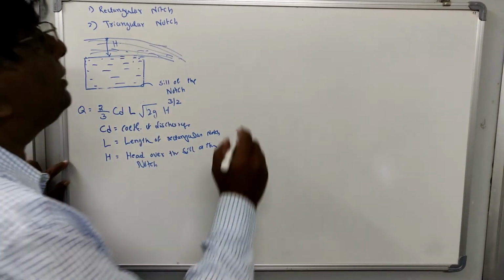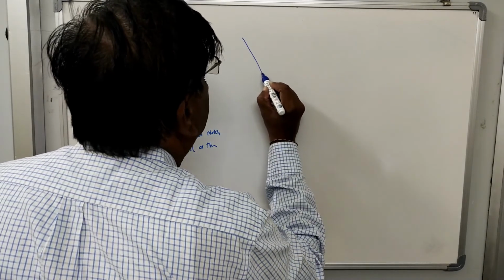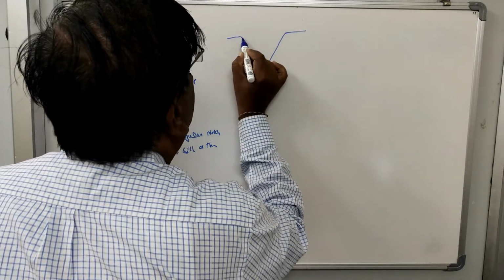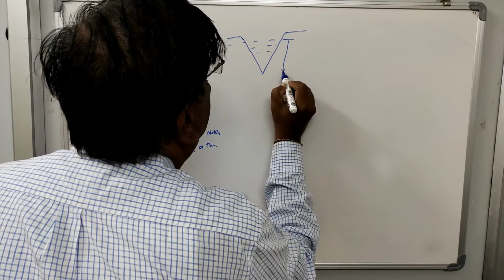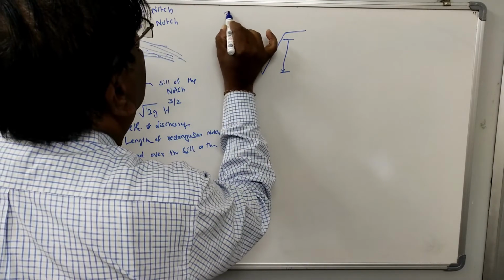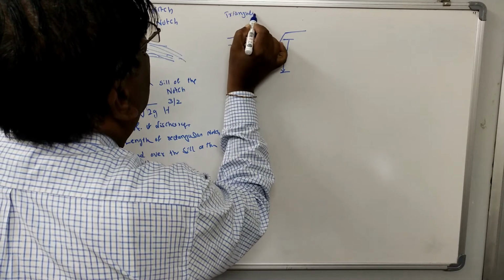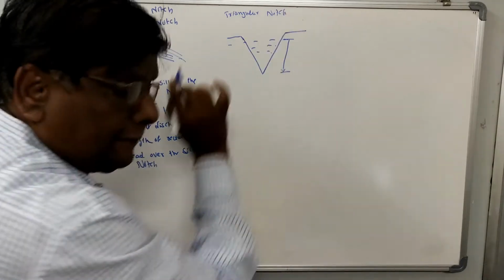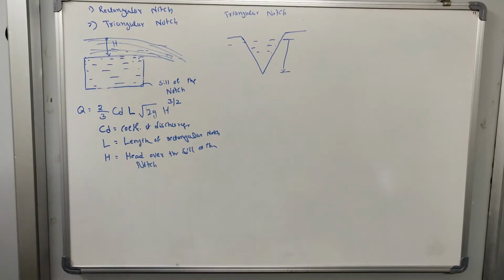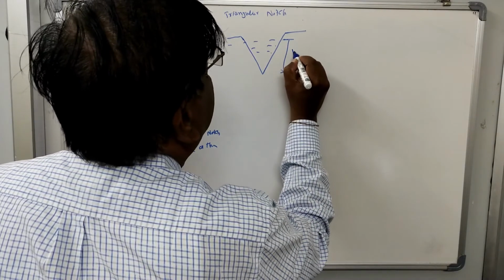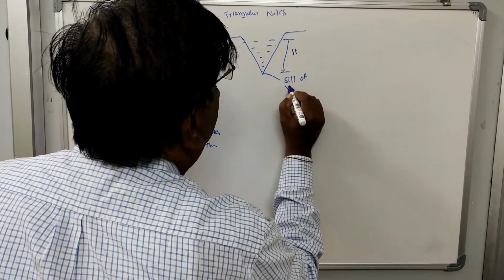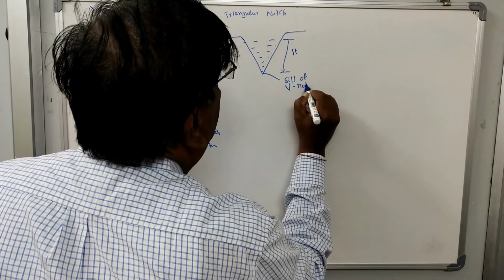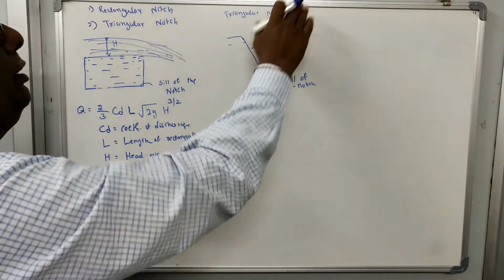Similarly, if it is a triangular notch, see, the rectangular section is like this, and this is the head over the triangular notch. Next is the triangular notch. This is the cross-sectional area of the triangular notch, and this is H, and this is the sill of the V notch or triangular notch.